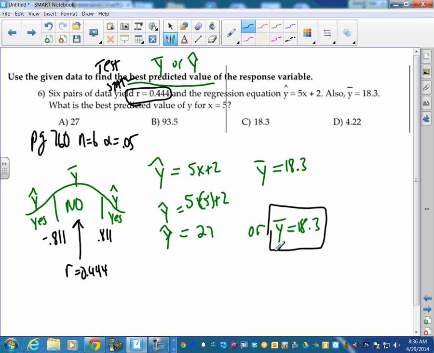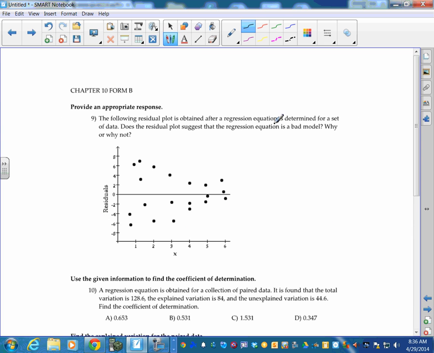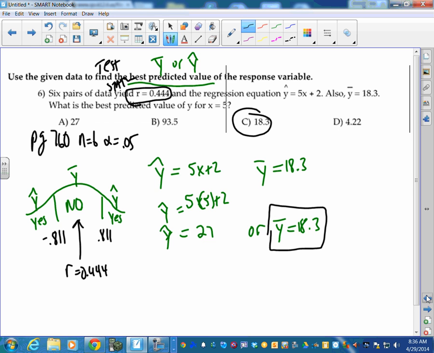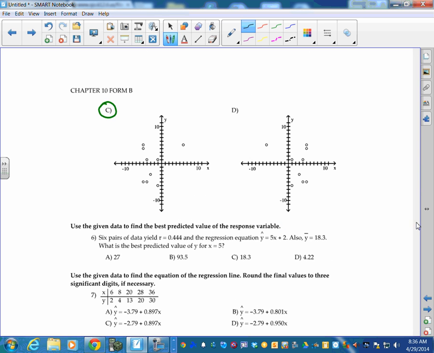I said Y hat, I circled Y bar. So, you just have to do a correlation test, given your test statistic. Questions? Fantastic. We'll try to get to number 10 today before we stop. That was number 6. The answer was 18.3, Y bar, because there was no correlation.